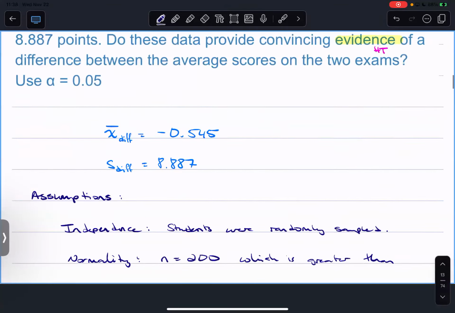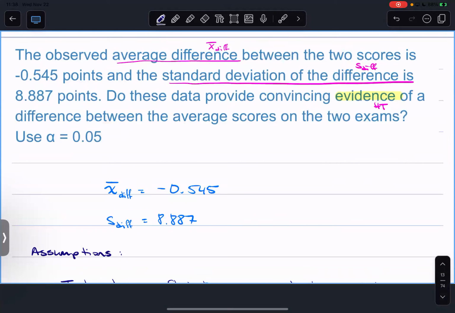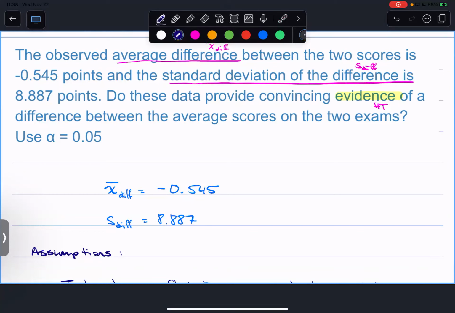So let's go back and see here. Do these data provide convincing evidence of a difference between the average scores on the two exams? This means that my alternative hypothesis has to be not equal to. I don't care if one's lower or one's higher.